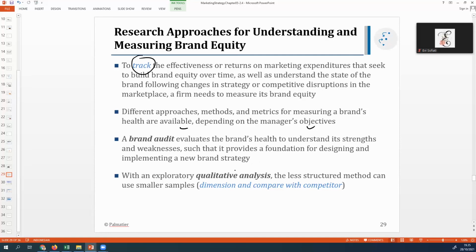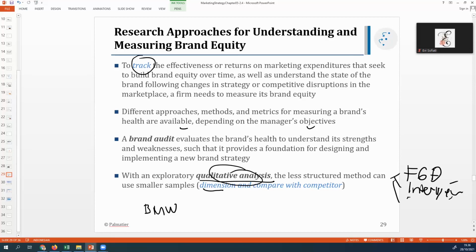So the first thing we need to do is the qualitative analysis. That we need to identify what is the dimension of the attributes that is highly accepted by the customer. Let's say BMW. What are the attributes? We conduct the qualitative analysis by conducting focus group discussion, interviews, surveys.